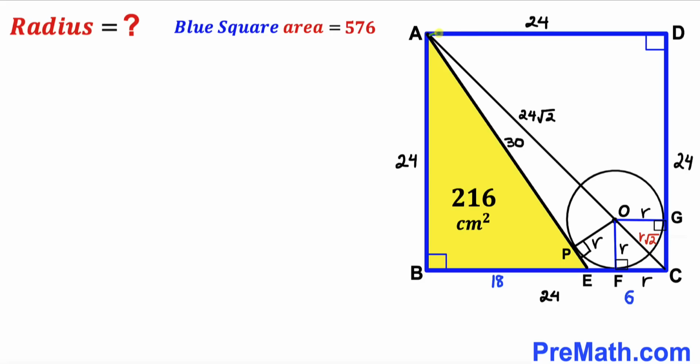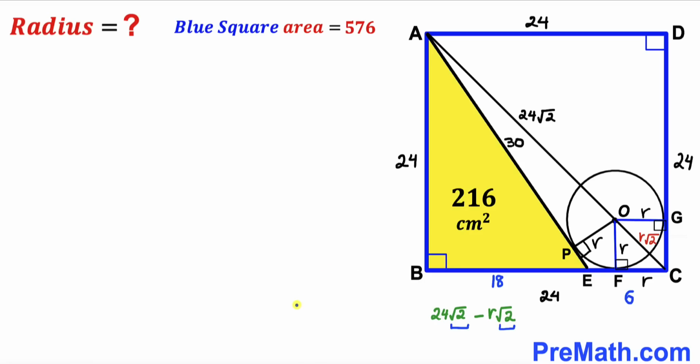So therefore, this segment AO length is going to be simply this 24 times square root of 2 minus this length r times square root of 2. And here we can see square root of 2 is in common.